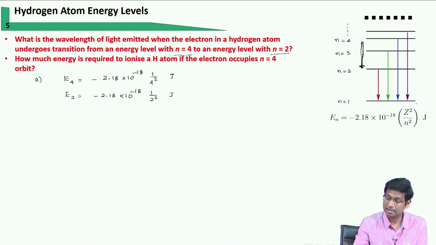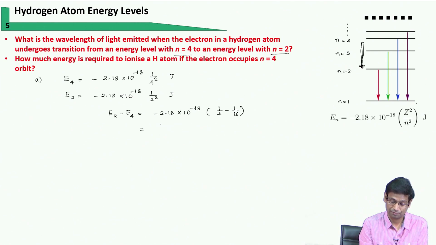again in the unit of joule. So, when the jump happens, what is the energy of the emission? The emission energy is given by E final minus E initial. So, you would get 2.18 into 10 to the power minus 18 times 1 by 4 minus 1 by 16.